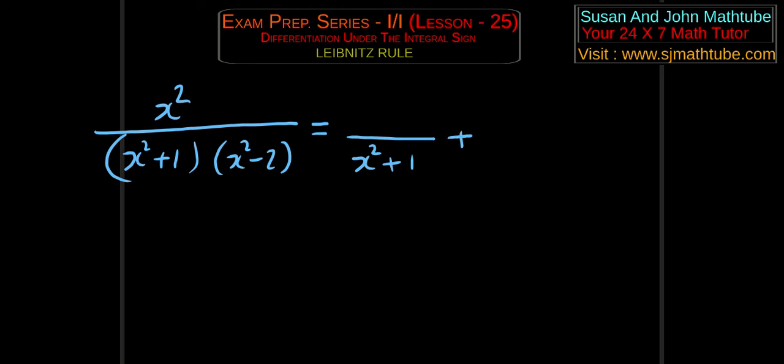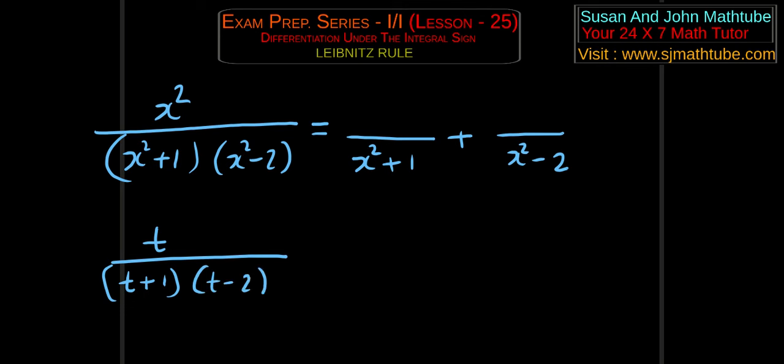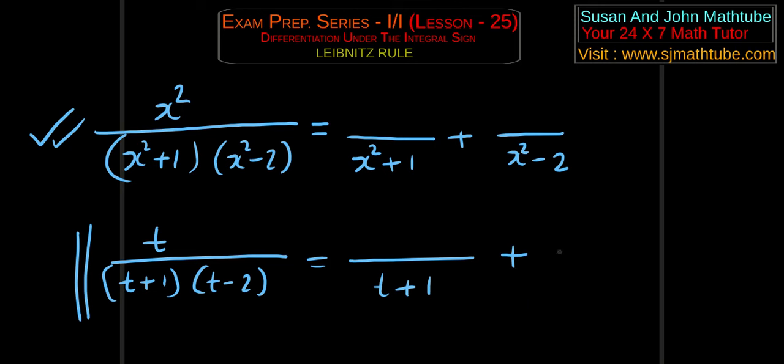So what we do is we write by x square plus 1 and by x square minus 2, and secretly I'm going to write t by t plus 1 times t minus 2. So in the main step we write like this, and secretly we write this, and here I write t plus 1 plus, and here I write t minus 2, and always plus in between like partial fraction.